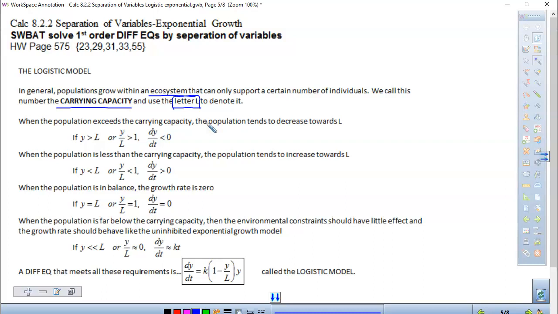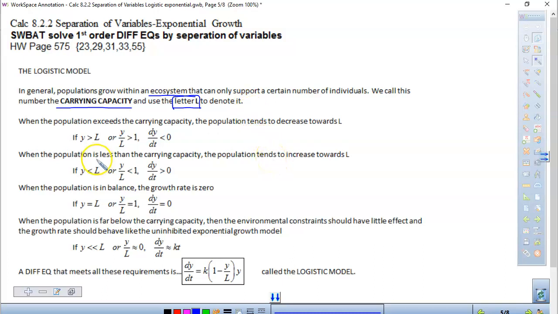We can think of this in terms of what's happening with the derivative. If the population is currently greater than the carrying capacity, the slope of the tangent at that point will be a negative number, because it has to decrease.